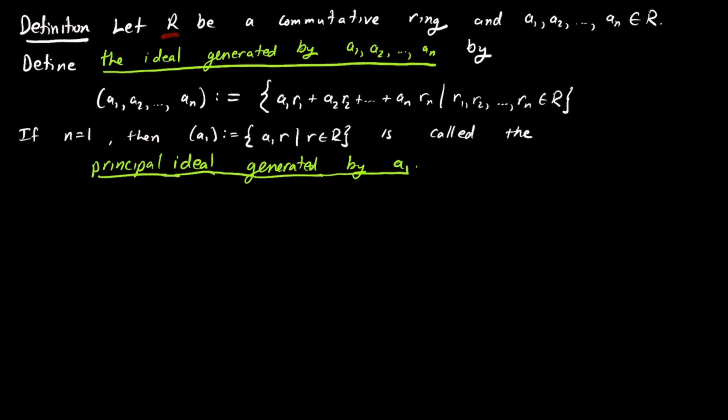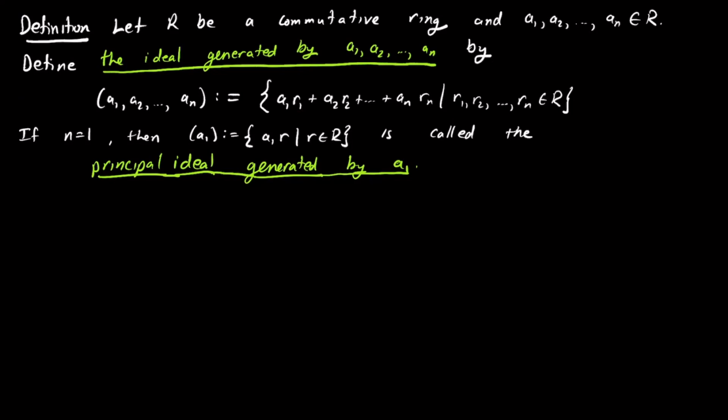I'll let R be a commutative ring and A1 through AN be elements of R. And I'll call the ideal generated by A1 through AN, I'm going to use this notation, A1 through AN in parentheses, the set of elements of the form A1 R1 plus A2 R2 plus dot dot dot plus AN Rn, where R1 through Rn are elements of R. So the way to think about this is these are all the linear combinations you can make using A1 through AN, and I'm allowed to use elements of R as my weights for the linear combination.